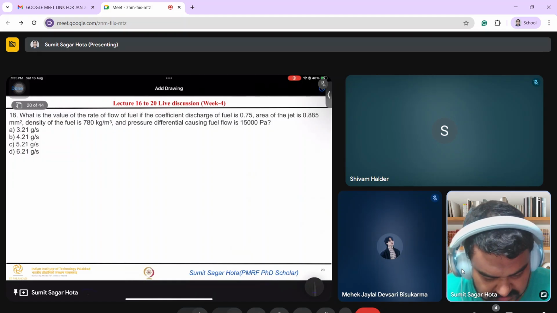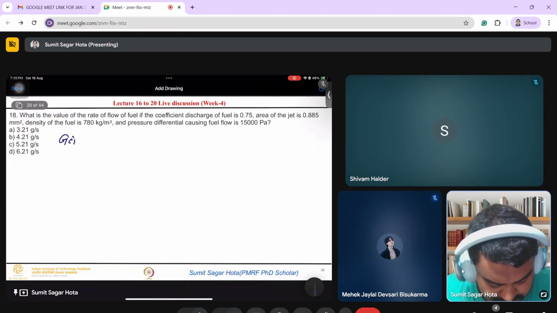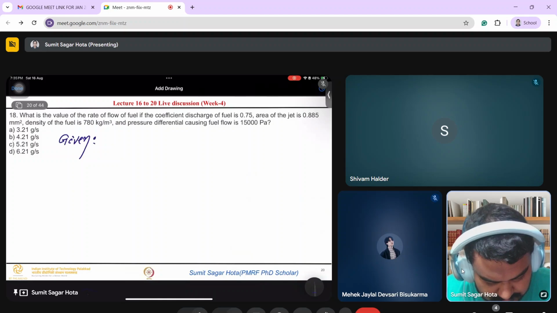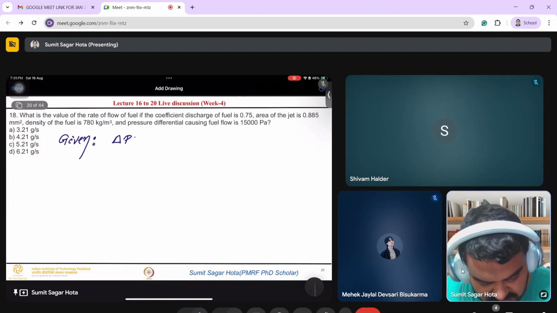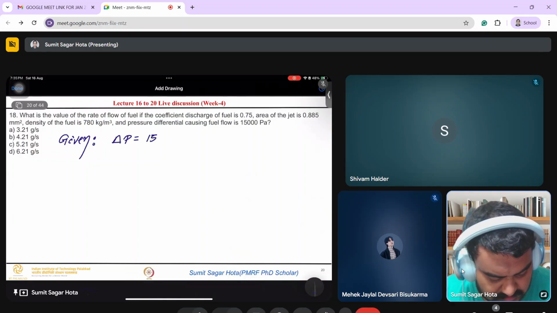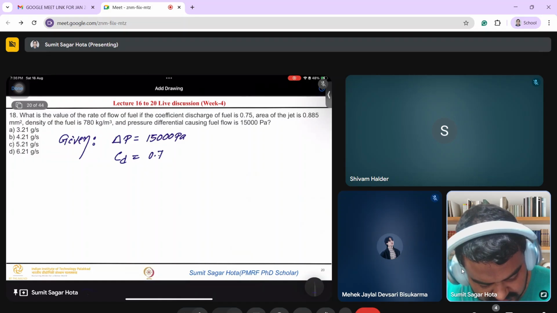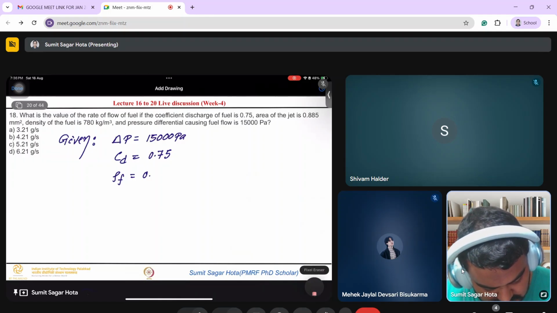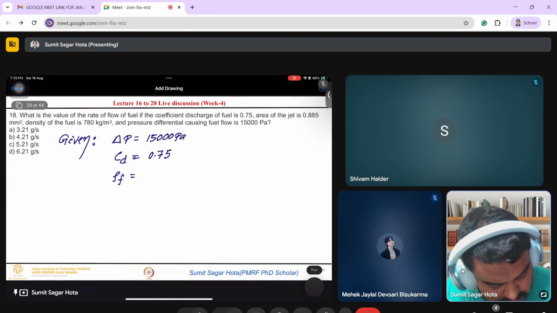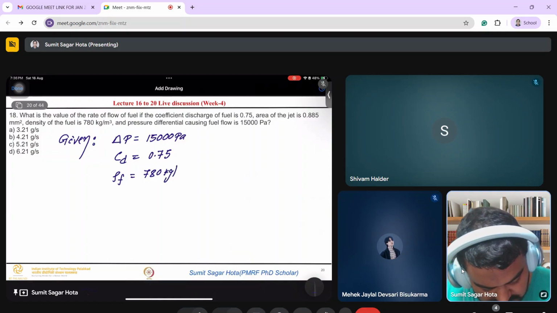Let's write down what are the things given. Delta P is 15,000 Pascal. The CD value, coefficient of discharge, is 0.75. Density of the fuel is 780 kg per meter cube.